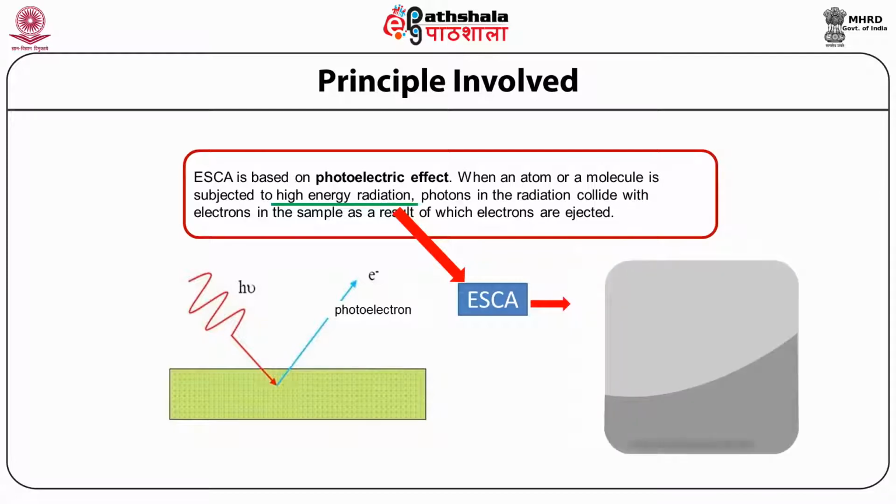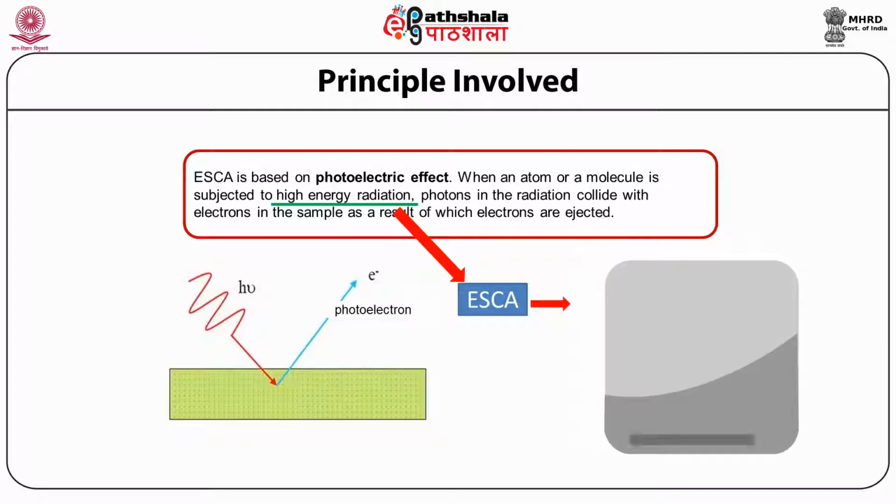The binding of the electrons with the surface atoms varies from one atom to another, and depending upon how much energy is required to eject the electron out, one can analyze the nature of the atom which was involved.